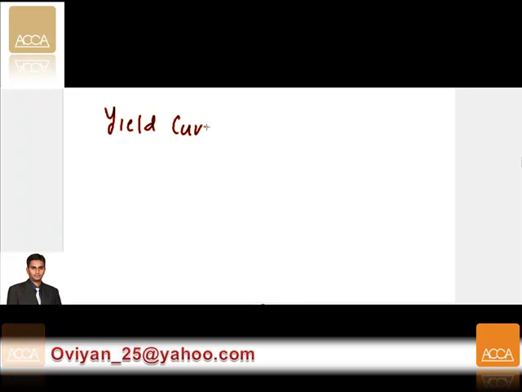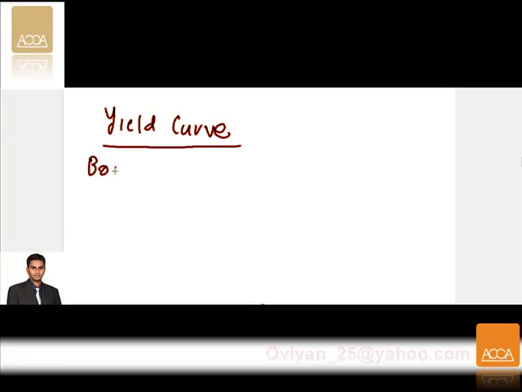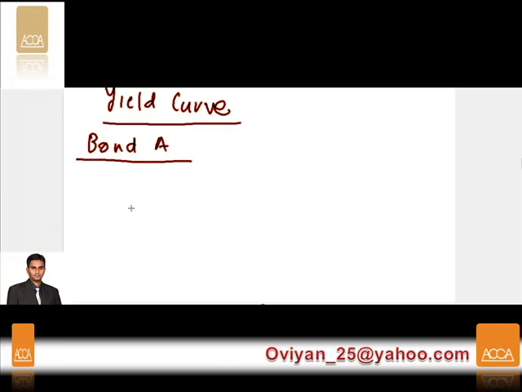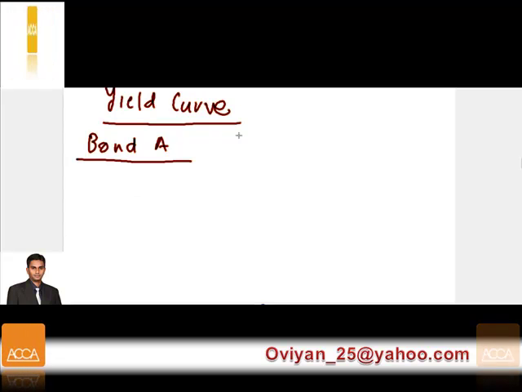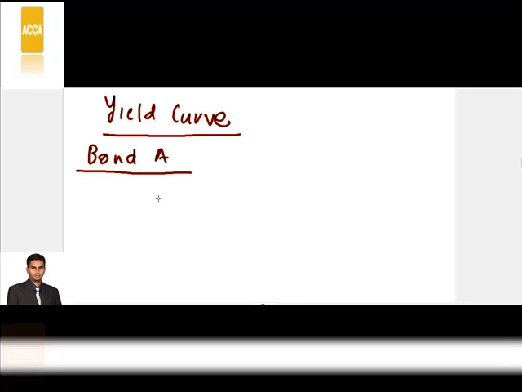Now, determining the yield curve. For bond 1 or bond A, you have the price. The yield is where your NPV is 0. Yeah, it's at IRR.